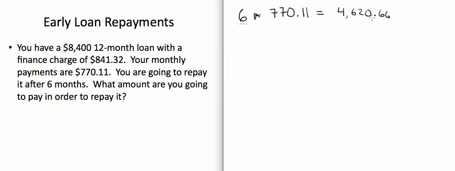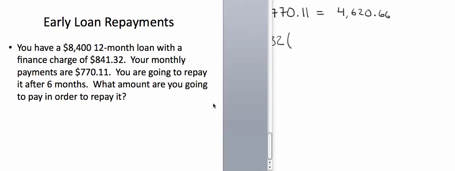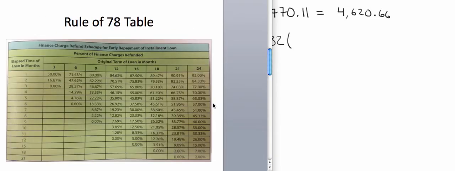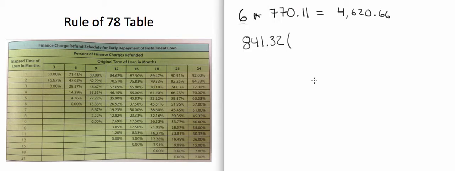Right now, as it stands, you have to take out your finance charge. So we've got $841.32, and we're going to multiply that by, if we're looking at this finance table, that 12-month column, 6 months, 26.92 or 0.2692. That's our percentage. When we multiply these two numbers together, we get an answer of $226.48.